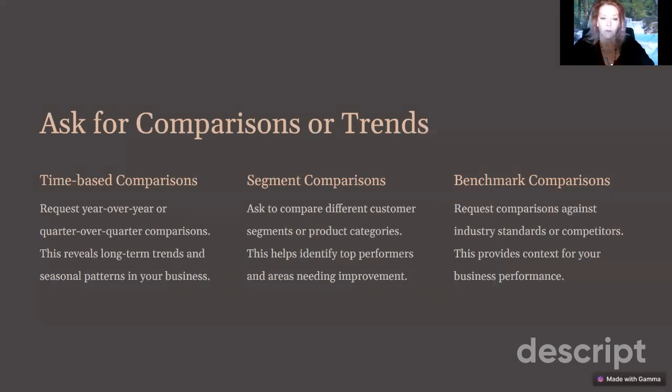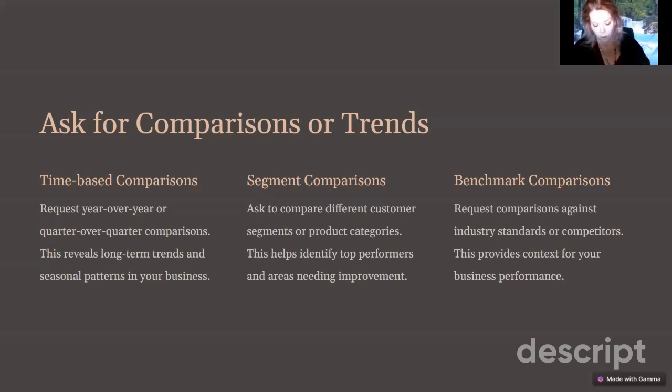You can also ask for comparisons or trends, which is a good thing. You can ask for time-based comparisons. You can request year over year or quarter over quarter comparisons, like how did we do this spring compared to last spring? This reveals long-term trends and seasonal patterns in your business. So you can get an idea of how we did this winter over last winter.